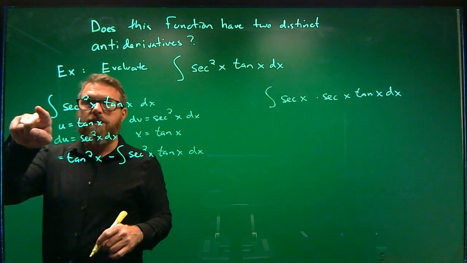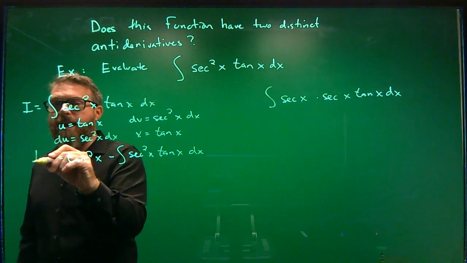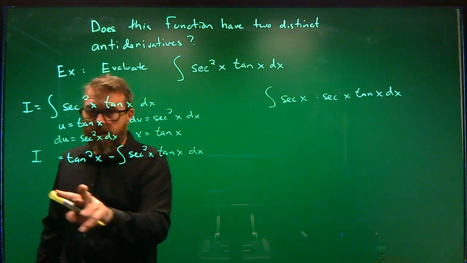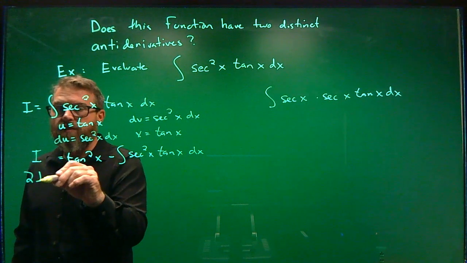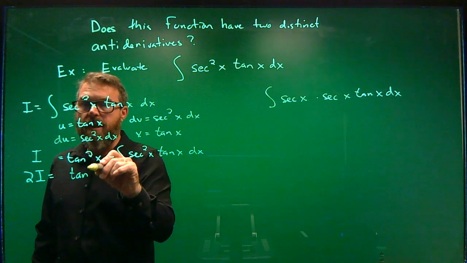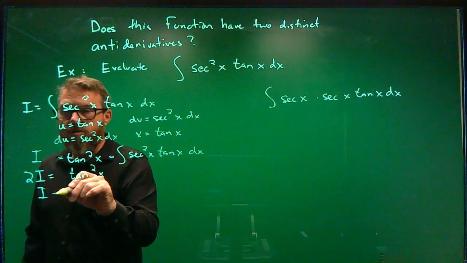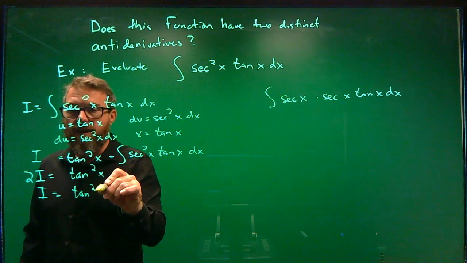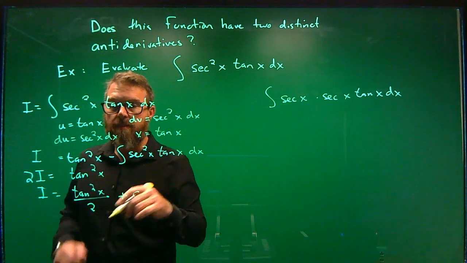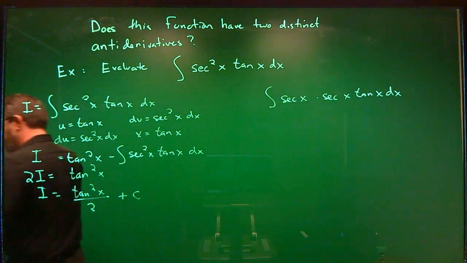This is equal to that target integral I, let's say that. So I is equal to this thing, and this is also I. So when I send this to the other side, I'm going to have two of these target integrals equal to this tangent squared of x. So that means I is going to be equal to the tangent squared of x, all divided by 2 plus c.